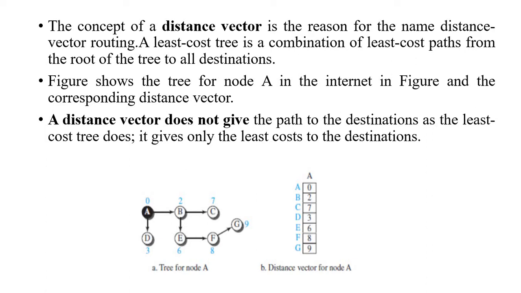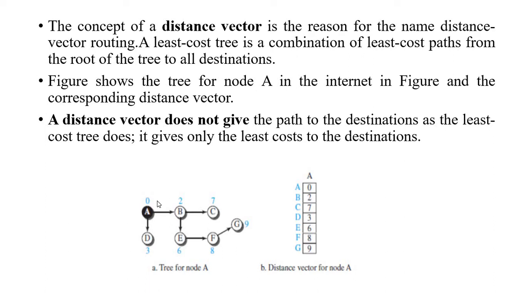Now if you consider the network diagram, this can be called a weighted graph, and here a number of nodes are available: A, B, C, D, E, F and G, and among these A is considered as the root node.